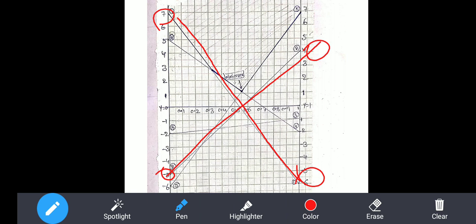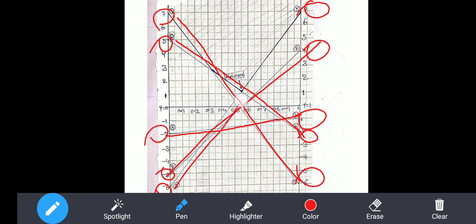For A3, minus 2 comma minus 1, this will be the A3 equation. For A4, 3 comma minus 2, this will be the A4. Next, A5 will be minus 6 comma 7. Then join these lines.